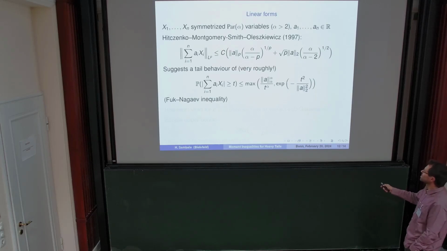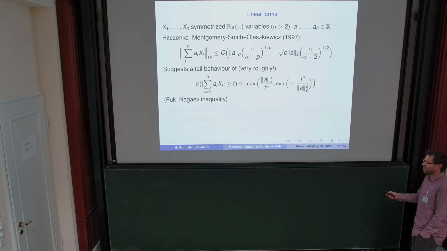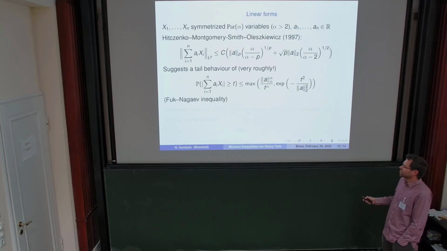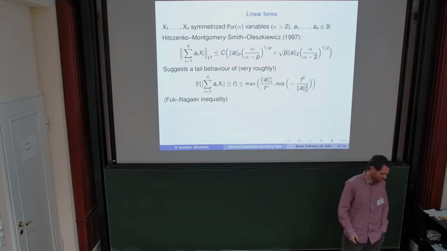So here you should get sub-Gaussian tails which scale with the 2 norm of the coefficient vector. And indeed, something like this holds true, and it's the Gluskin-Kwapien inequality, also from the 90s.